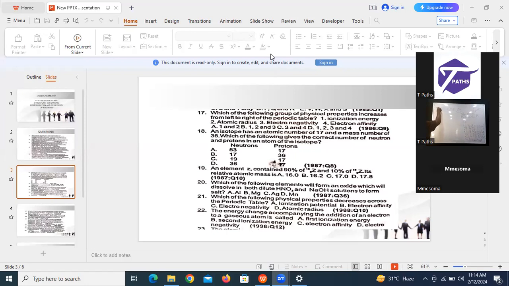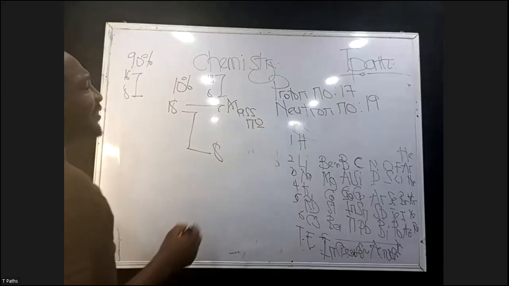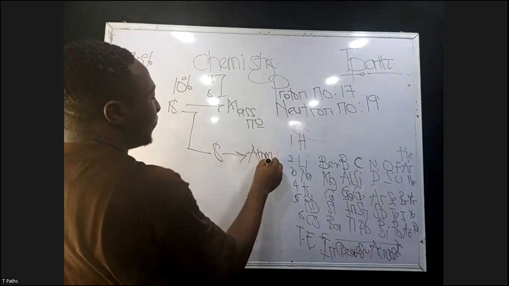First of all, guys, when we see something like this, Z with 18 and 8, the 18 there means the mass number and the 8 there means the atomic number.